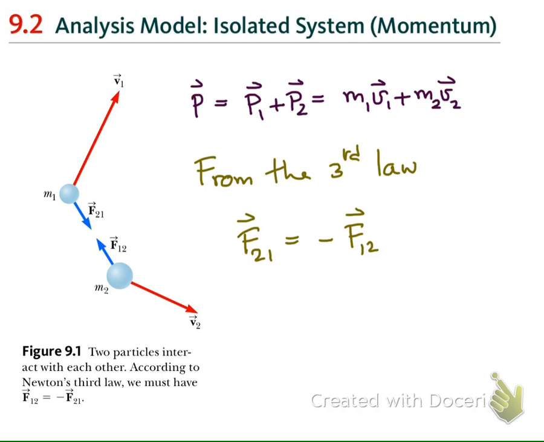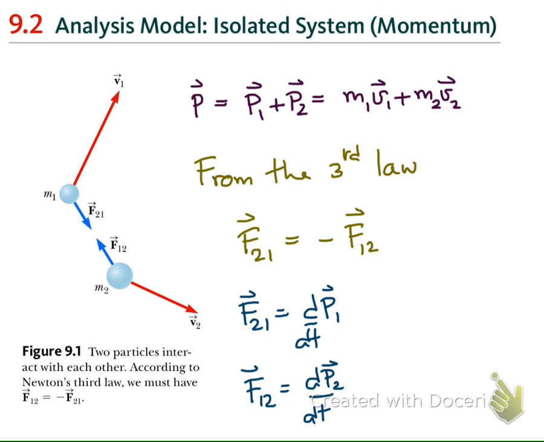However, from the relation between force and the momentum, we have that F21 is equal to d by dt of P1. That is, the force on the particle number 1 is equal to the rate of change of the momentum of the particle number 1. And also we have that F12 is equal to the rate of change of the momentum of the particle number 2.